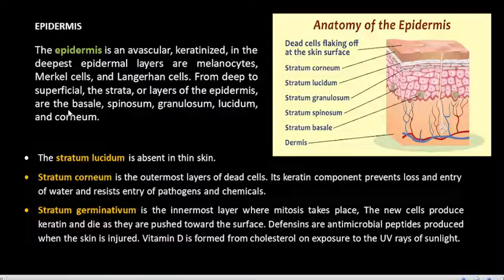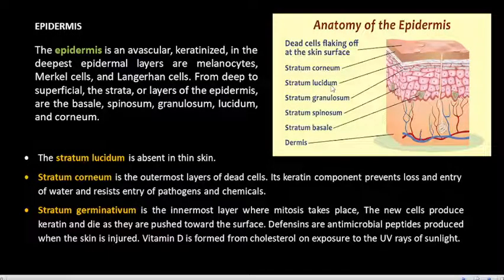So from deep to superficial, the strata or layers of the epidermis are divided into 5. Number 1, you have the basal or basale. You have the spinosum, granulosum, lucidum, and corneum. The stratum lucidum, as you can see here, sa baba ng stratum corneum is the stratum lucidum. It is absent in a thin skin.